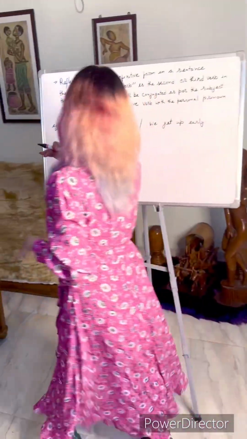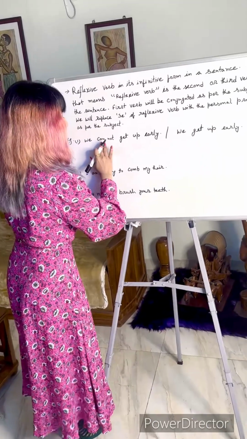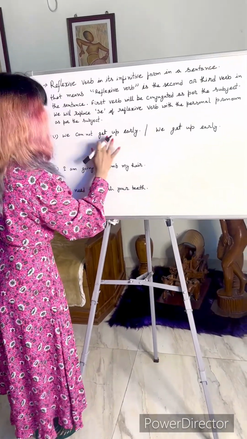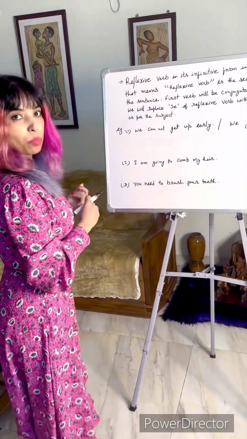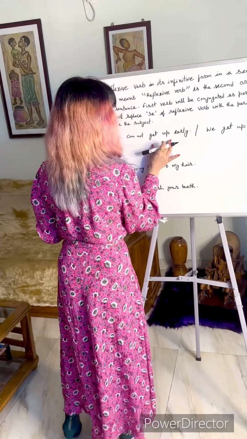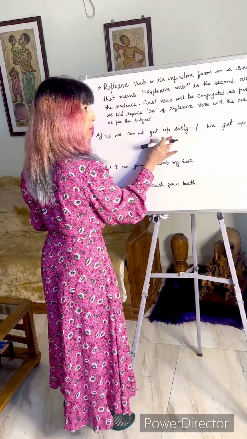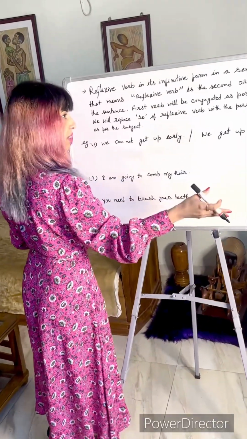So for this example, we can see we have two verbs, get up and can. Can is poder and get up is levantar. So levantar is here a reflexive verb. Getting up, you are doing the action and it is reflecting on you only.